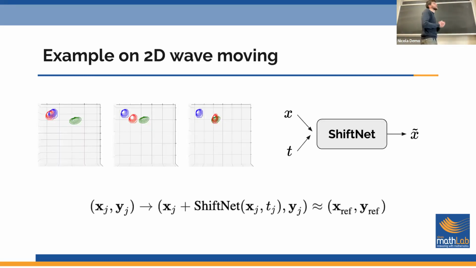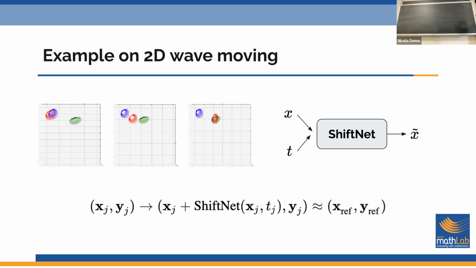Okay, so let's understand a bit more about this shifting. Here is an example that we did with a 2D wave, so still a wave that is moving in this domain. We have three colors here. Basically, think of a time-dependent problem where you have some structure that is moving due to an advective field, some transport field.